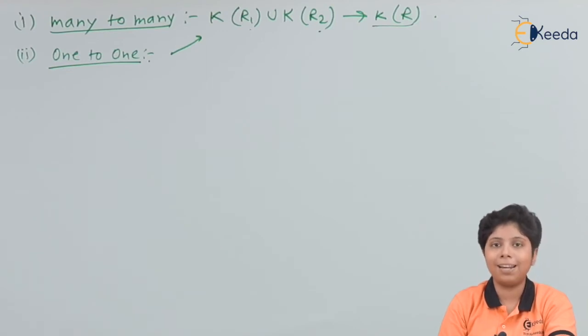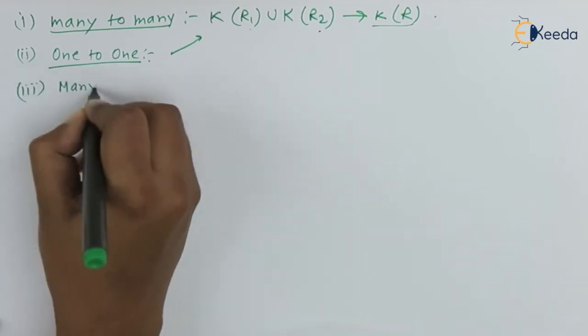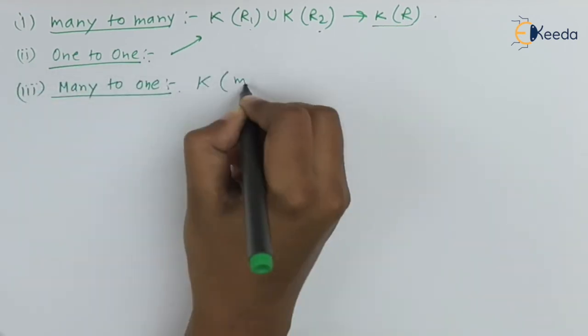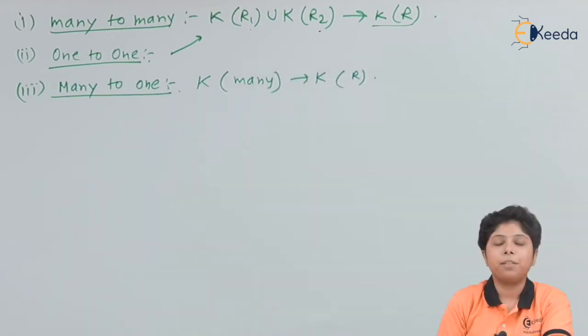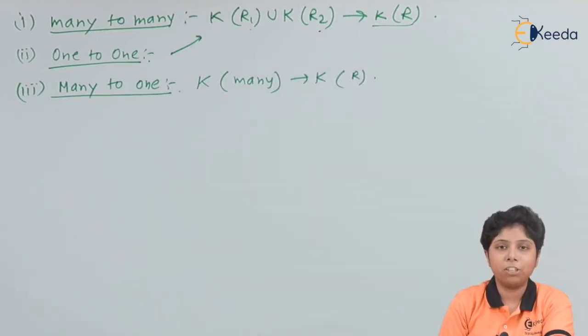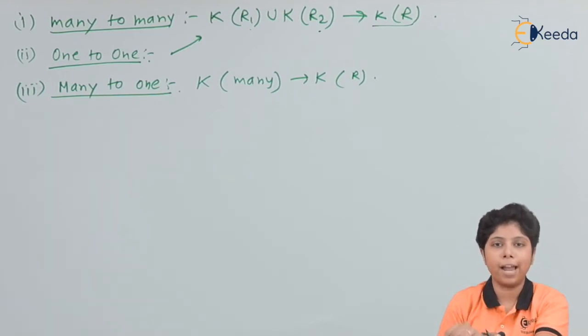But now if there is a binary many to one relationship, the primary key of the entity set on the many side, which has the arrow directed to the one entity set, becomes the primary key of the relational schema.